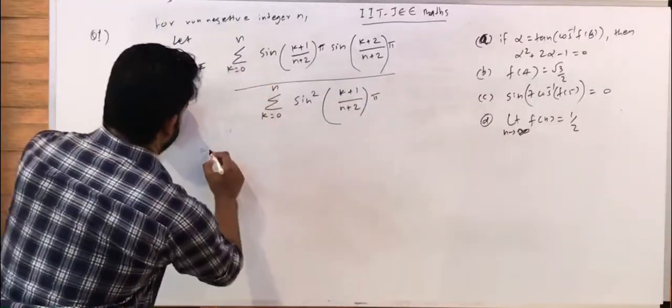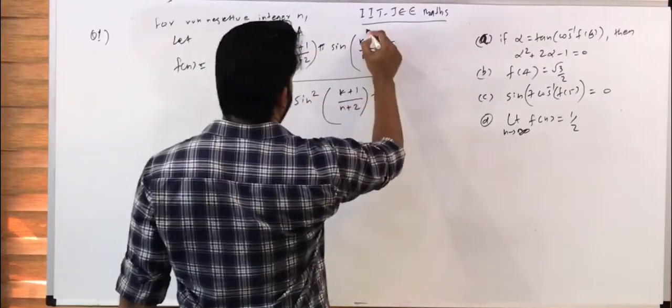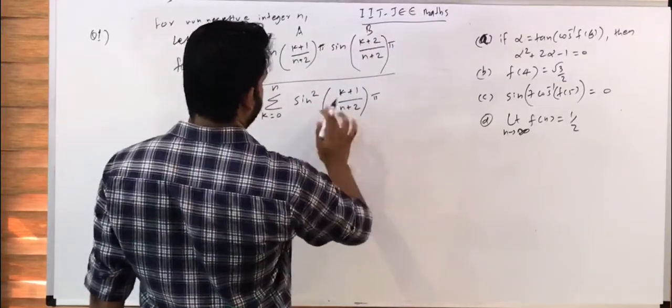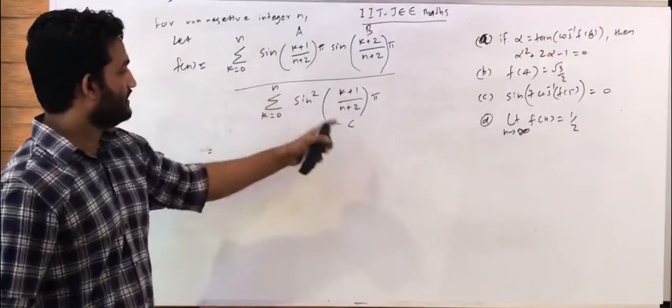This is in the form of sum of sine a into sine b divided by the sum of sine square c.